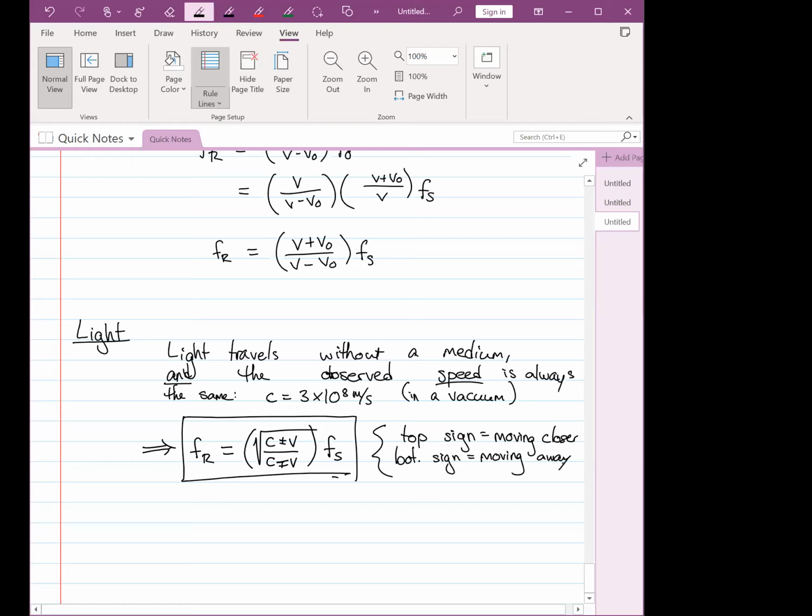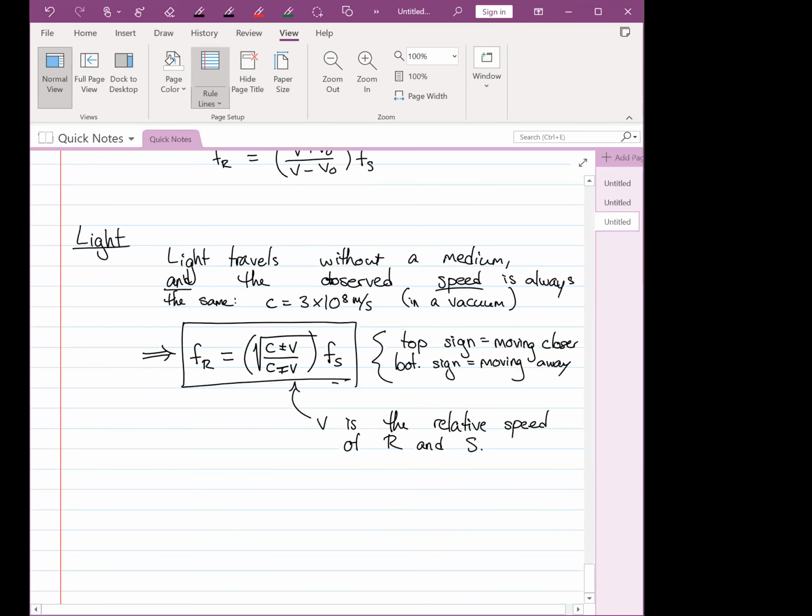And then the v is the relative speed of R and O, or R and S. So for example, let me just draw a picture. Here's the receiver and here's the source, and we're both traveling 5 meters per second inward.